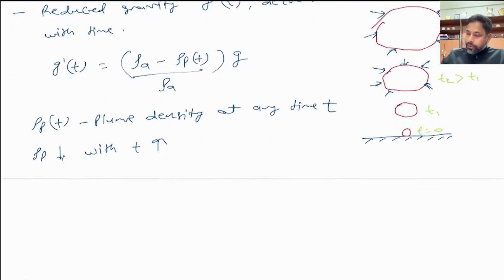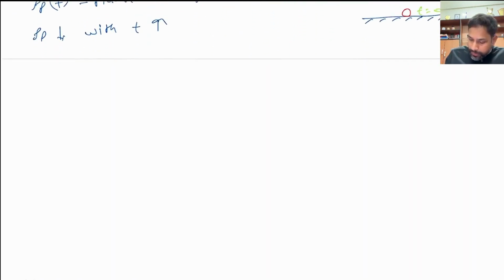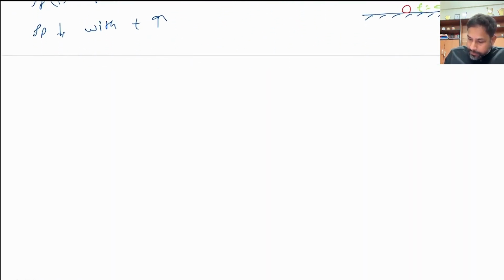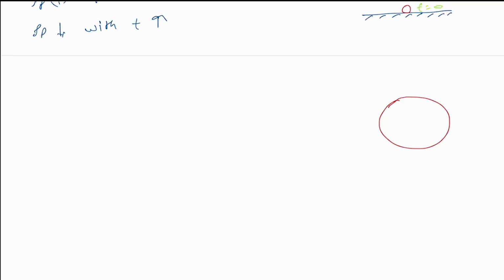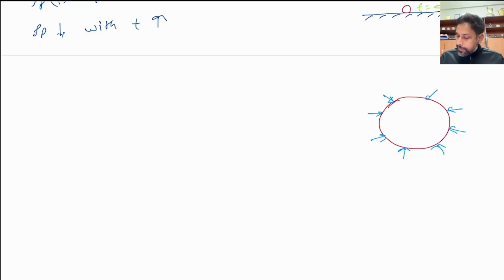So to write the volume flux balance, we use this particular equation. So let's assume that this is the plume where we have entrainment happening, right?